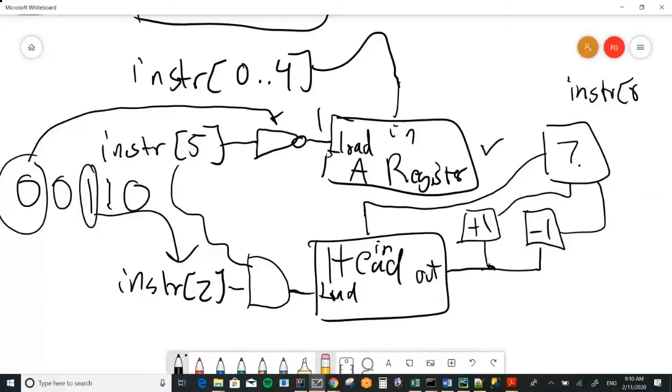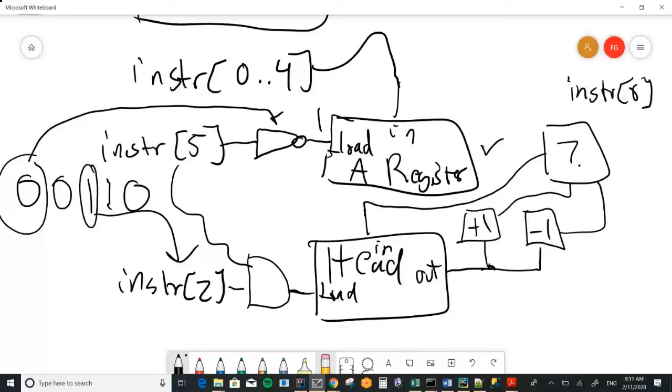Instruction 0 is going to be wired to the select bit. The question I was posing is, is it enough? Yes. Again, we need to be careful so that if in instruction 0 you have the 1, instruction 2 you have the 1, and instruction 5 you have the 1, they're not going to conflict.